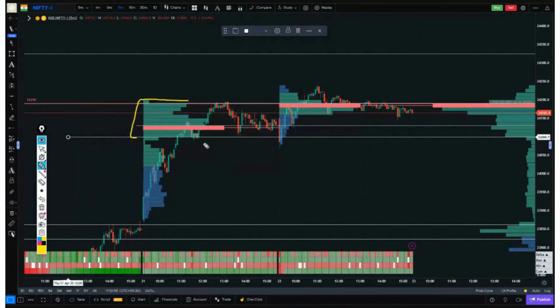For this large volume profile, we marked the value area low. Another good confirmation was that the VPOC zone was also here. So due to the large node, we divided it into two parts, value area high and value area low.